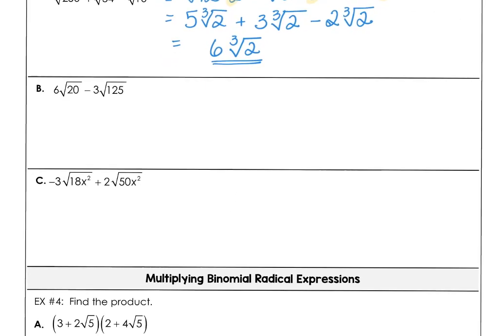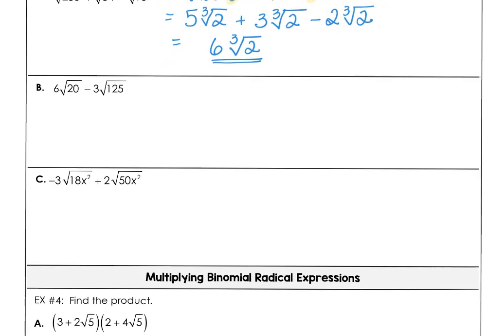In part B, we have 6 times the square root of 20, so let's rewrite that 20 as 4 times 5. And then the 3 times the square root of 125, we could say this is 25 times 5. So our common term is going to be the square root of 5.